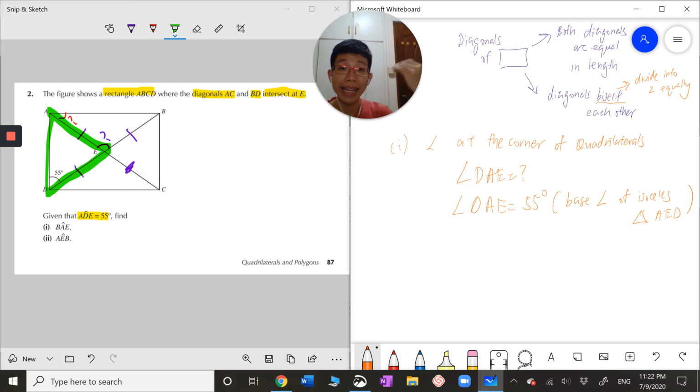So once you can find angle DAE, then you can make use of the right angle property of a rectangle. So I know that 55 degrees plus angle BAE is equal to 90 degrees because they are interior angles of rectangle ABCD.